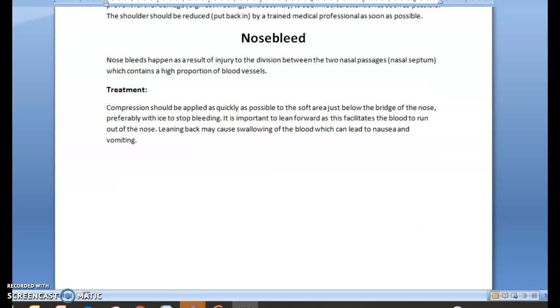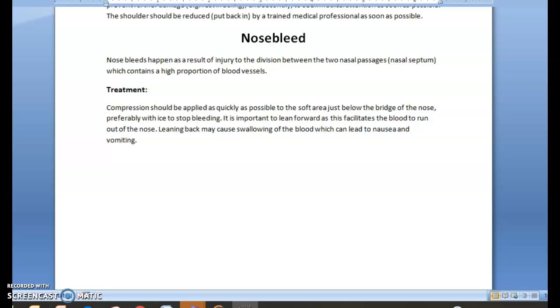So far, I've spoken about the knee injuries, I've spoken about the shoulder injury, and now I'm moving on to the nosebleed. Nosebleeds happen as a result of injury to the division between the two nasal passages, the nasal septum, which contains a high proportion of blood vessels.